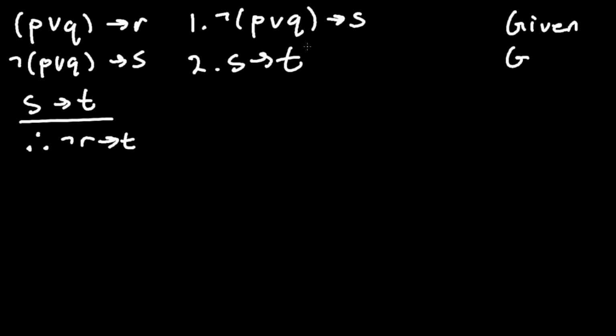Now, why am I doing these two first? Well, remember, the arrows connect. We have an S at the conclusion here. We have an S at the condition here.